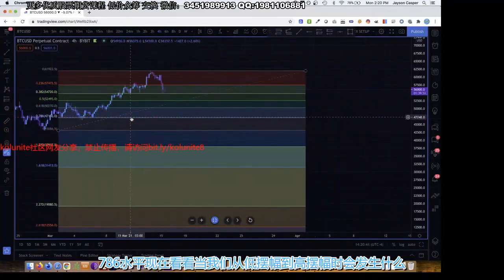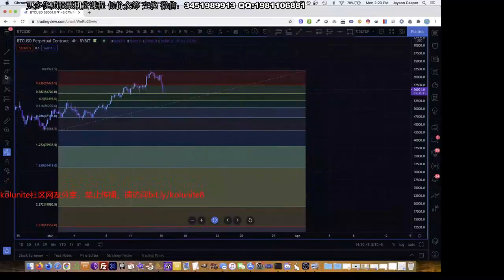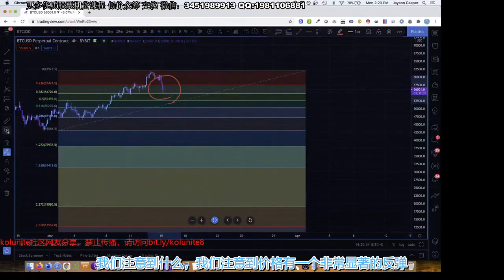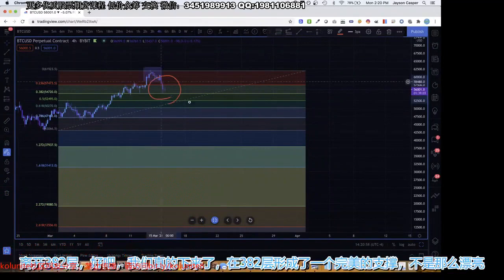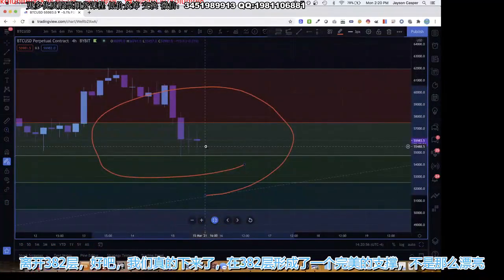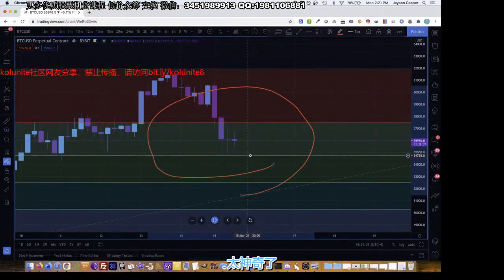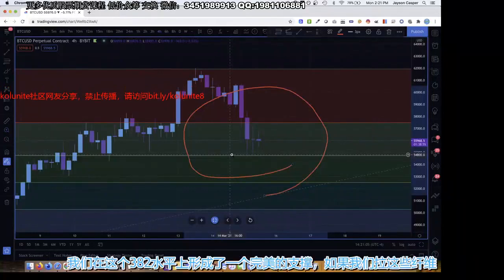Now look at what happens when we go from our swing low to our swing high. Immediately, what do we notice? We notice that price had a very significant bounce off the 0.382 level. We literally came down and formed a perfect support on this 0.382 level. Isn't that pretty amazing?